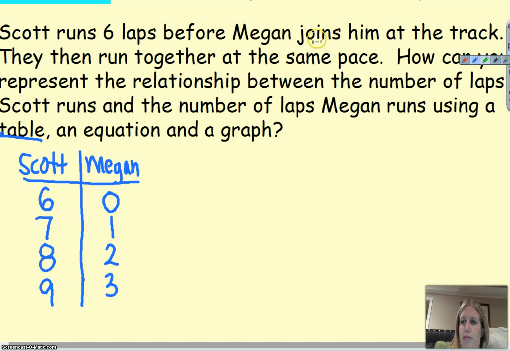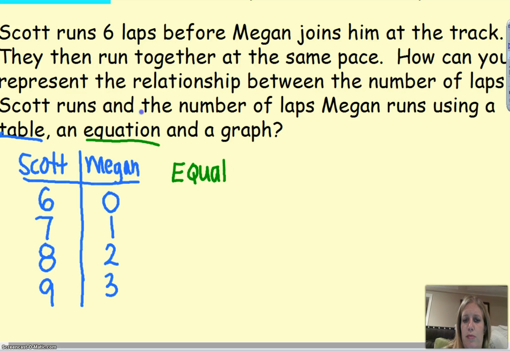The equation. Okay, with our equation, well, we have Scott and Megan. Okay, so if we have Scott being our y and Megan being our x, what can we do to each one of these to get Scott?